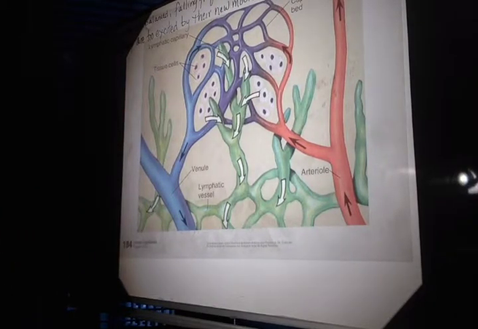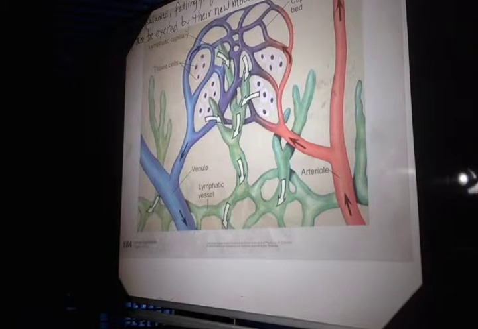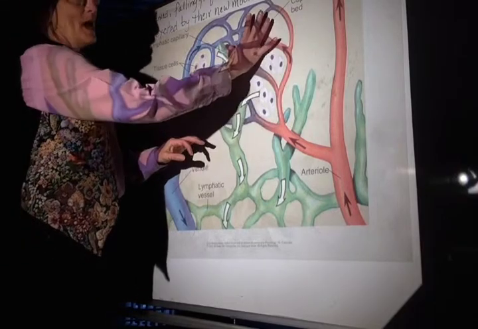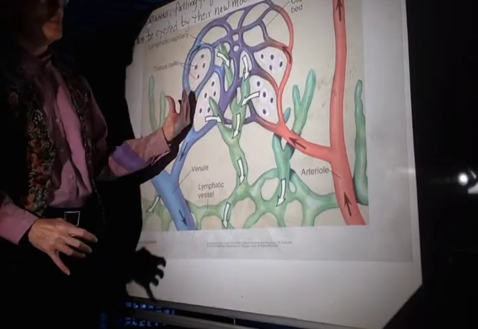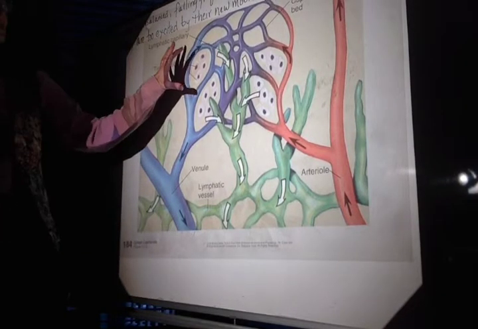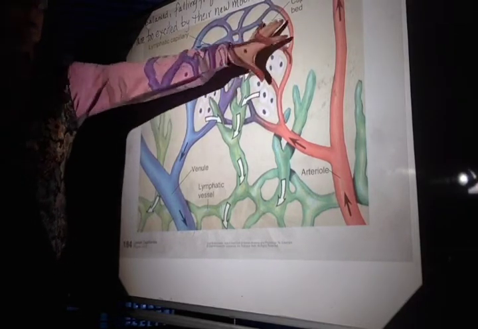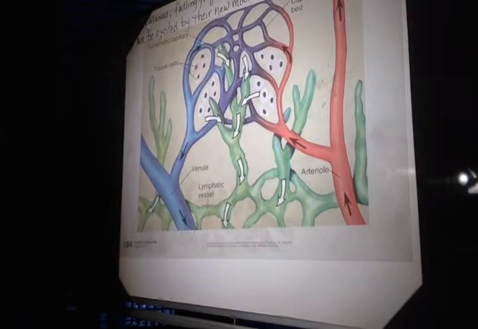Large particles like albumin draw fluids into the vascular system. That's called osmotic pressure. So you have a net movement out on this side, you have a net movement in on this side, but it's not perfect. There is some fluid that is still left over that perks around out here in the tissue spaces.